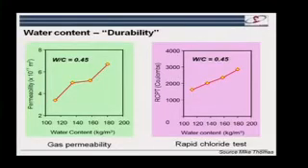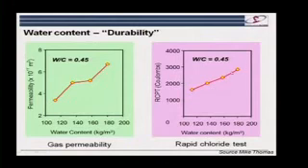And here's just some basic results from a colleague, Mike Thomas, in Canada. You see this is the total water content in my concrete. And you can see how you put more and more water in, this is increasing the final permeability, permeability being the ability of water to move through the structure. This is a test which tests the electrical resistance, which is a measure of how easy it is for ions to move around.